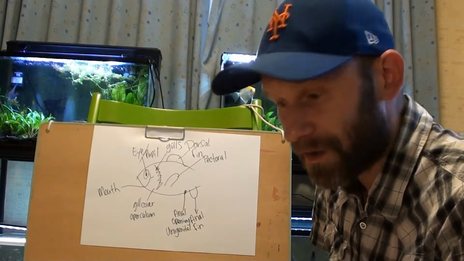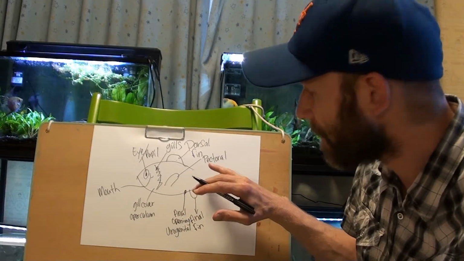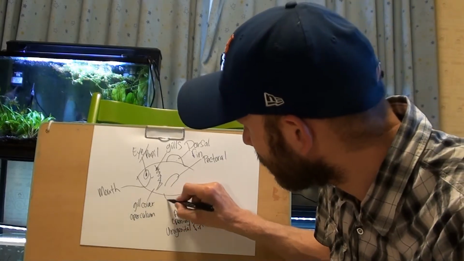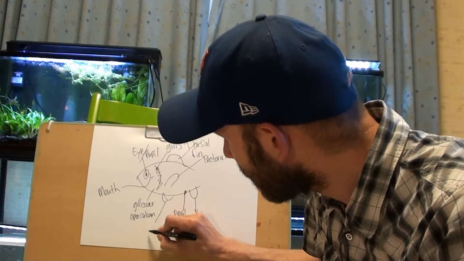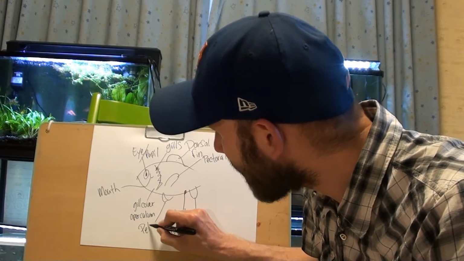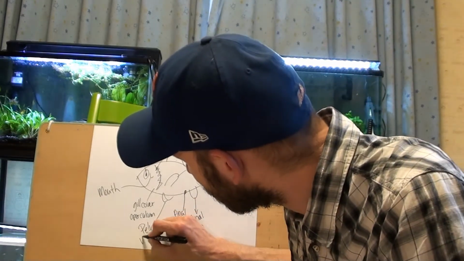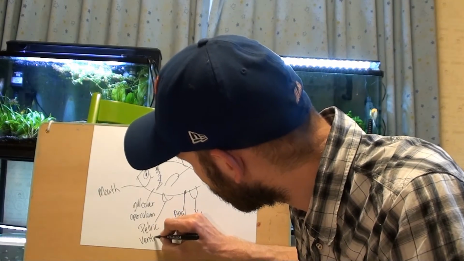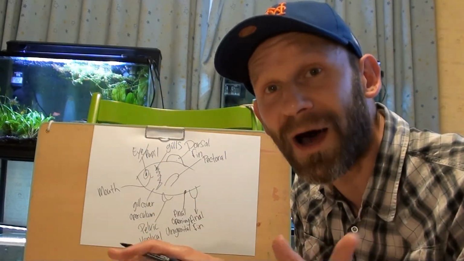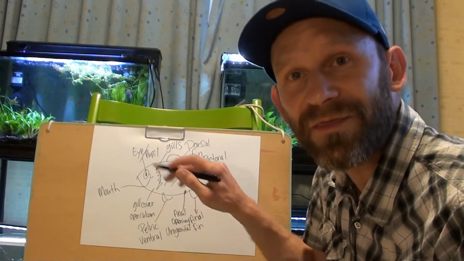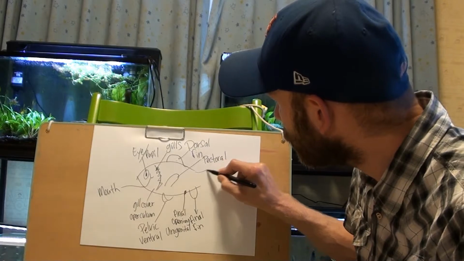Okay, so next, after the pectoral, can't forget this, two little fins here in the bottom, the pelvic or ventral. There's usually two in the bottom underneath the pectoral.